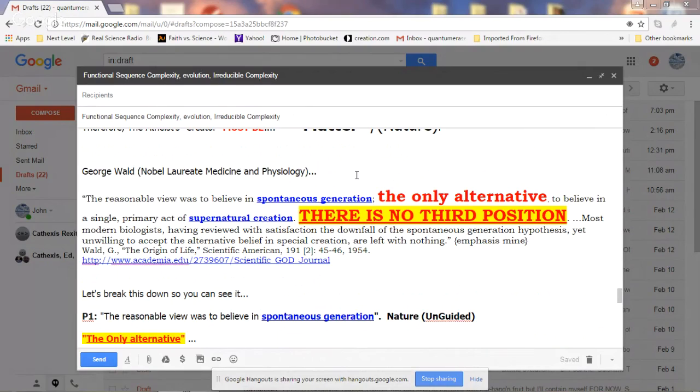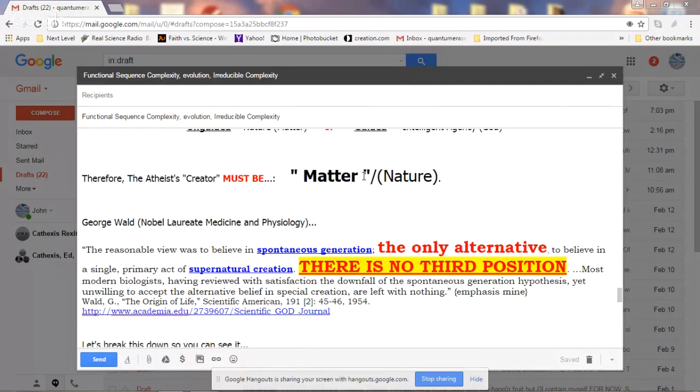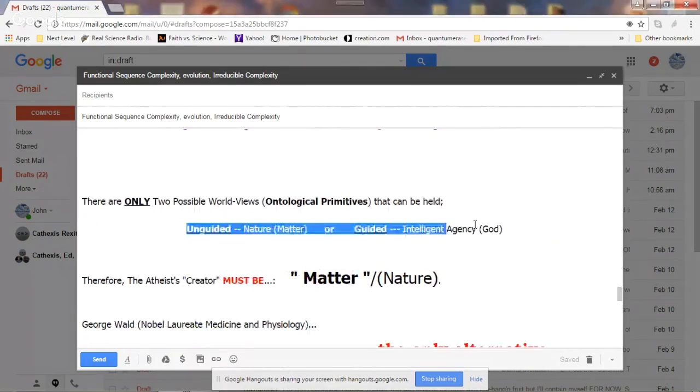So we got George Wald. He's a Nobel laureate in medicine and physiology. As the reasonable view was to believe in spontaneous generation. The only alternative to believe in a single primary act of supernatural creation. There is no third position, supporting what I just said.